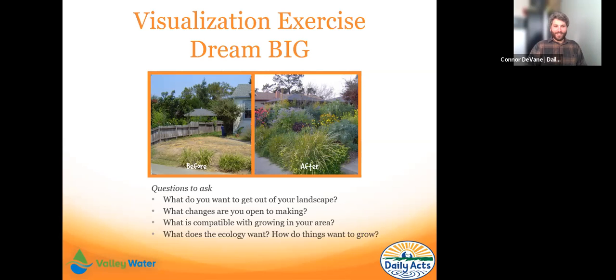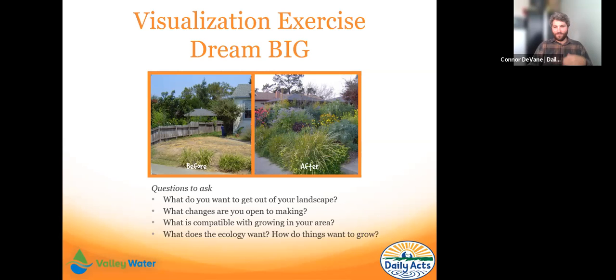So on screen here, we have pictures of Daily Acts' executive director, Trathan Heckman's front garden before he moved in with his family and after they engaged with their imagination and thoughtful observation and cultivated this beautiful garden.